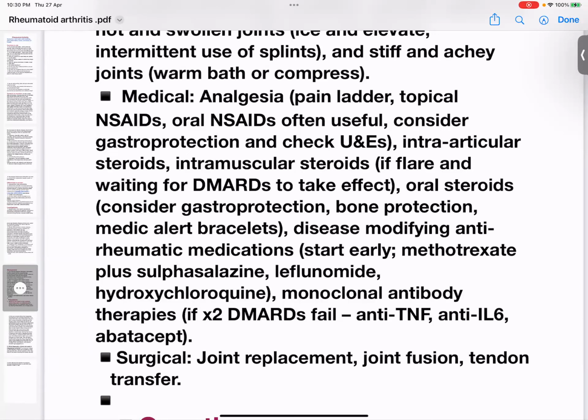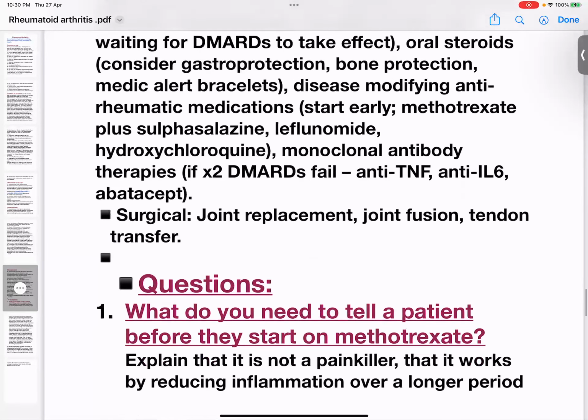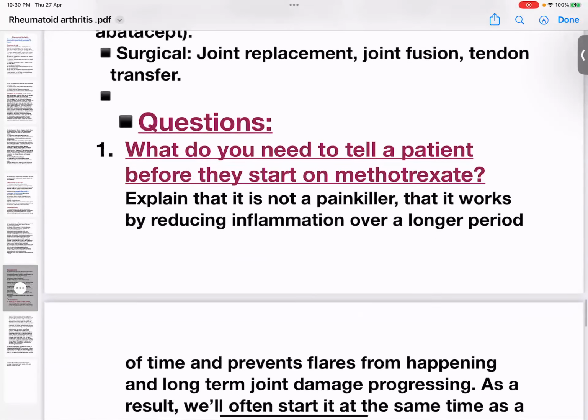The second is DMARDs; oral steroid has a limited role. You should start DMARDs early with methotrexate, sulfasalazine, leflunomide, or hydroxychloroquine. If failed, start biological treatment, anti-tumor necrosis factor or anti-interleukin 6, abatacept, and surgical joint replacement, joint fusion, tendon transfer, whatever.